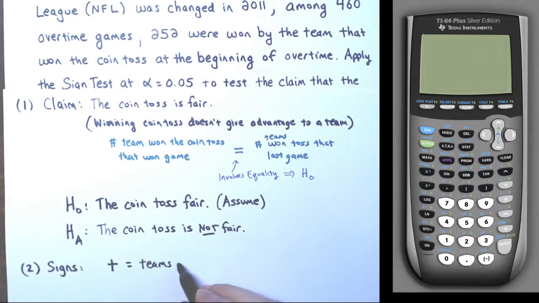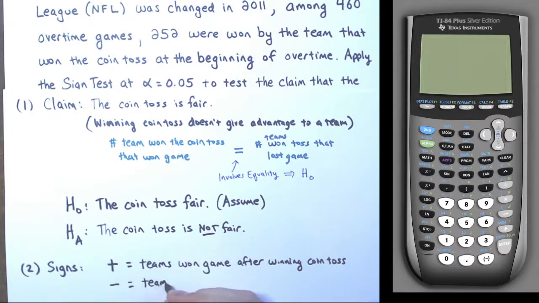Teams that won their game after winning coin toss, because that is a nice positive outcome. And I'll say minus sign for teams that lost after winning coin toss. All right. A little repeat, ditto signs.